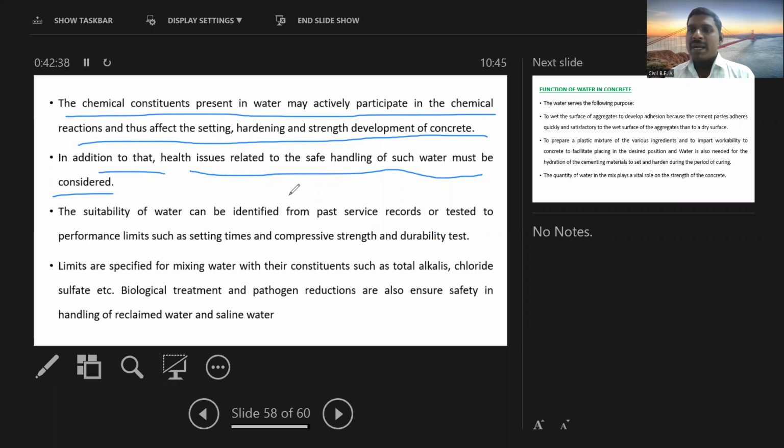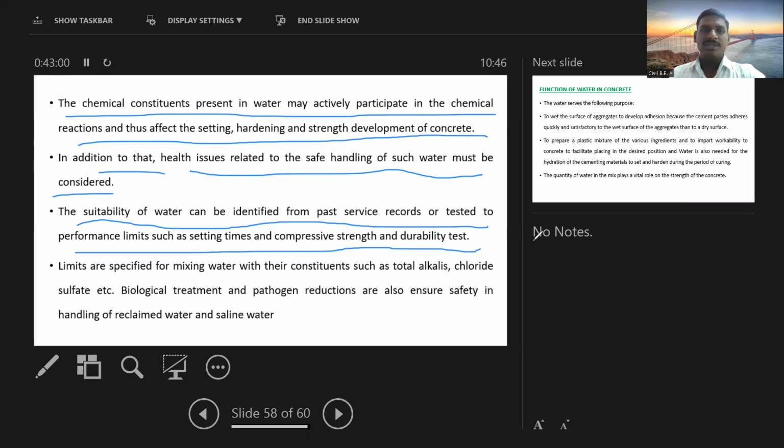If the water has impurities and we handle that water, that is also dangerous to our health while mixing that water into the concrete. Then the suitability of water can be identified from the service record or tested to performance limits such as setting time, compressive strength and durability tests.